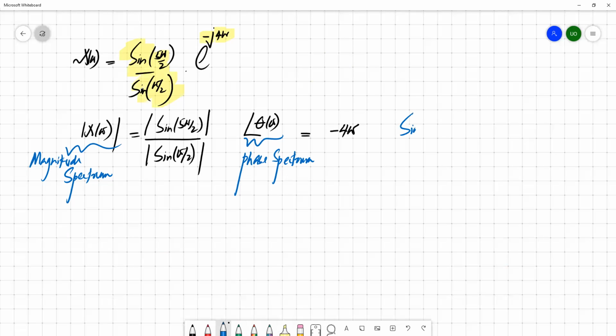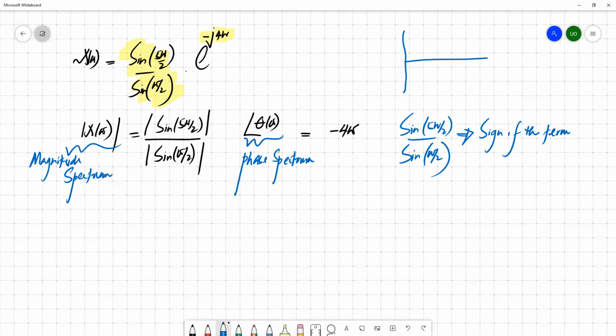But depending on the sign, because if you plot it along with the omega value, the sine function looks something like this.